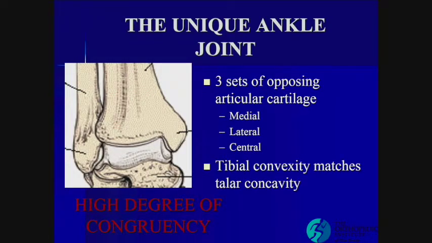So we've pretty much went over this in extensive detail, but it's important to note, without going into detail with my talk, how unique the ankle joint is. It's very unique. There's a high degree of congruency, meaning that both anatomically, the way the bones are shaped, and ligamentous, what stabilizes the ankle 360 degrees around.